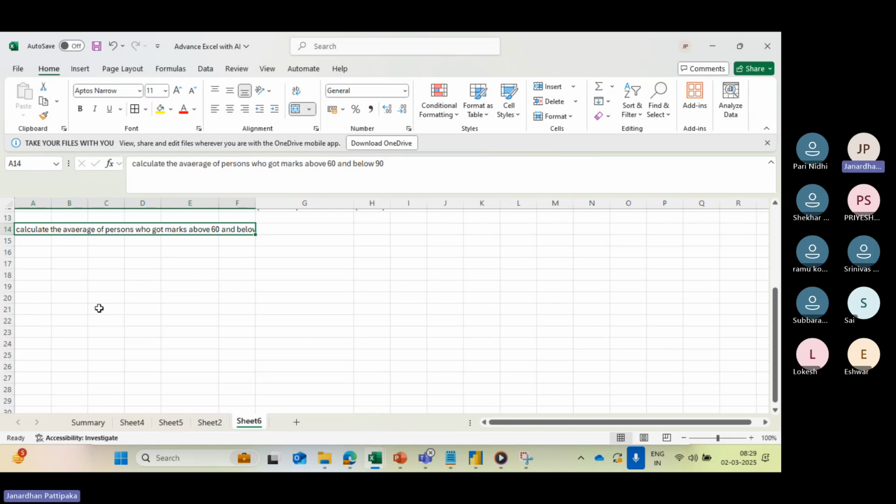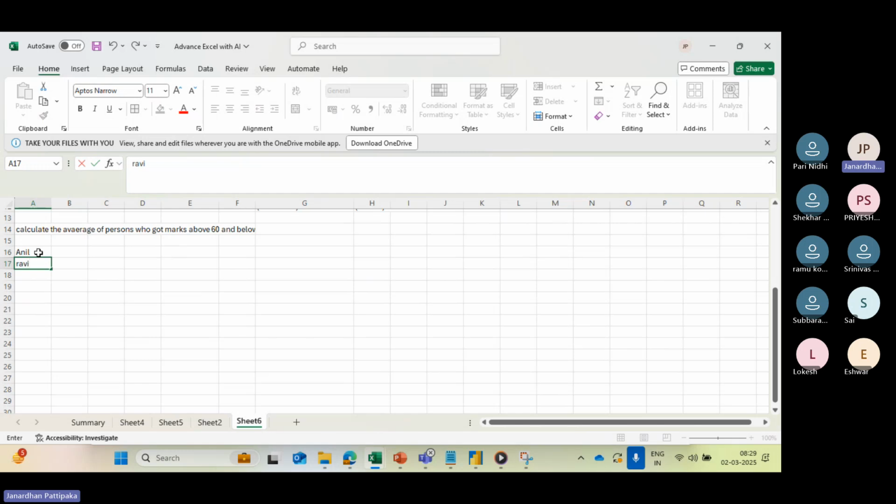Suppose I have the persons called Anil, Ravi, Ajay, and Ramesh. The marks are for subjects like physics, chemistry, or maths. I will give the marks as 71 for physics, suppose 75 or 95.